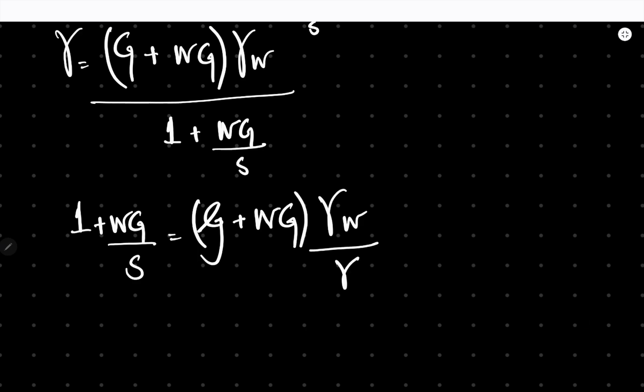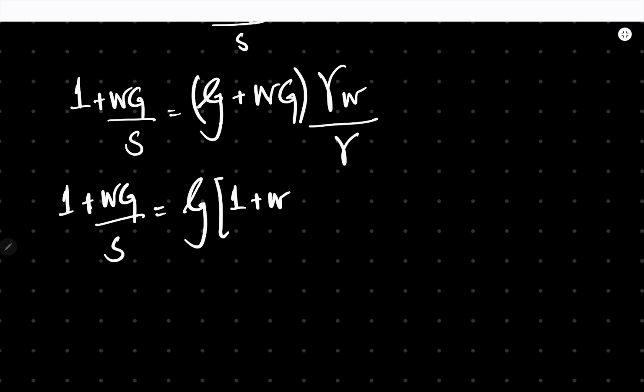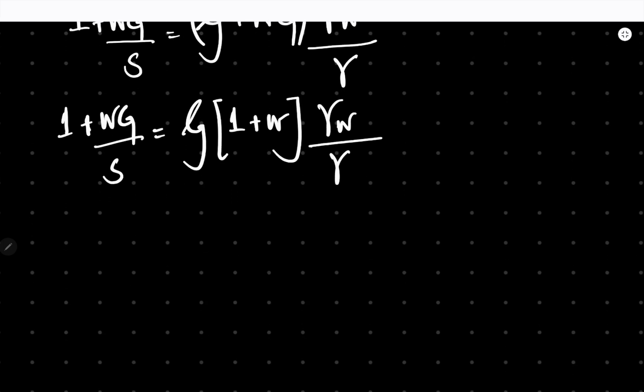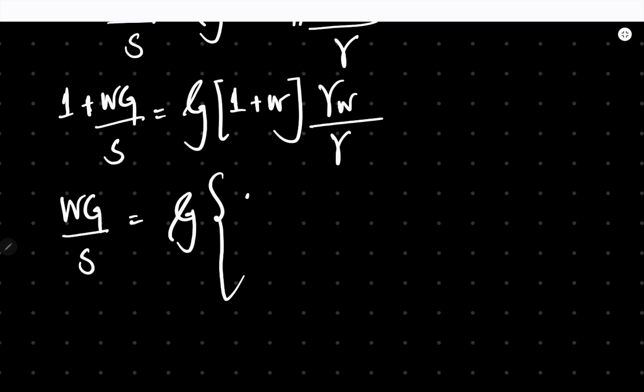Alright, so let's do some simplification, taking something common from here. We'll take G. It will become 1 plus W. This will be like so. Now let me write it like this. Wg by S is G times 1 plus water content.